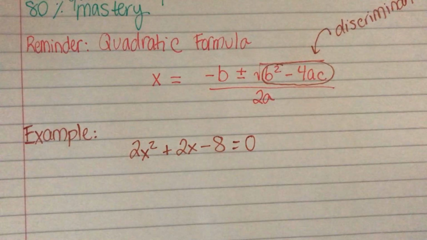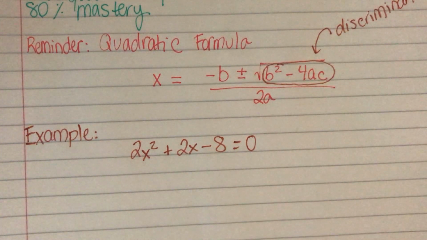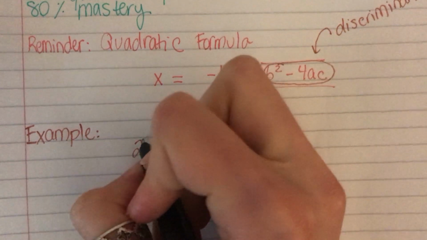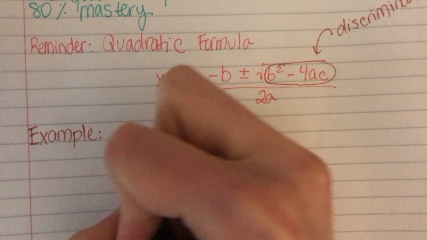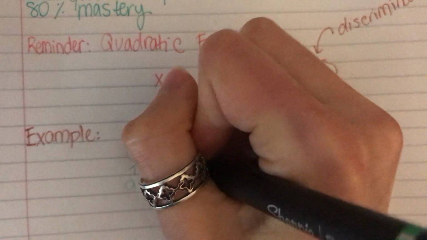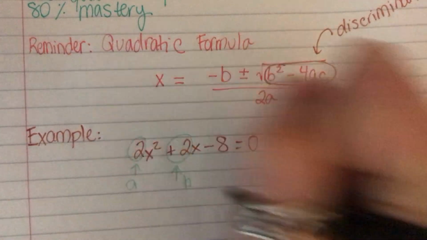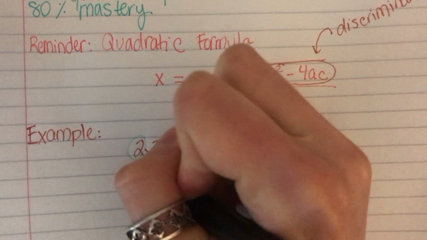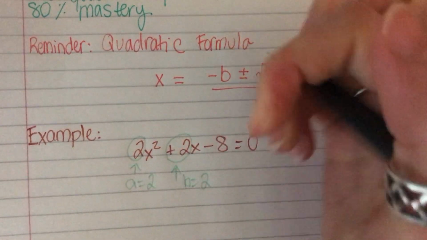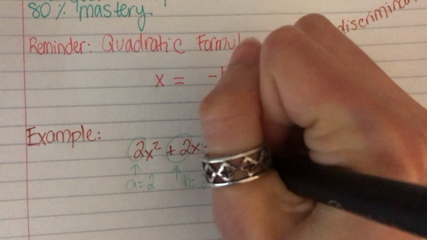And just as a reminder, we can go ahead and label a, b, and c. So this would be a right here. This will be b, and it is going to be a positive 2, as we can see here. So a is equal to 2, b is equal to 2, and then c will be that negative 8.